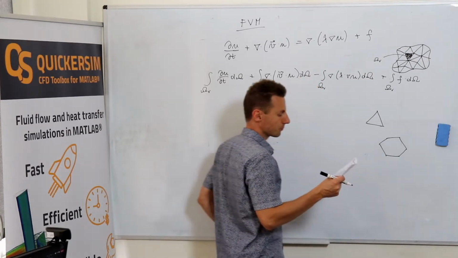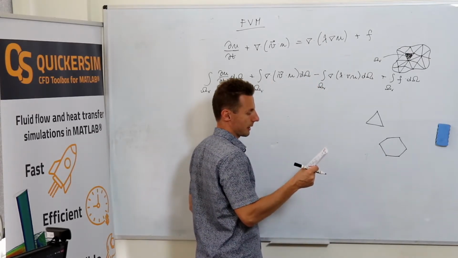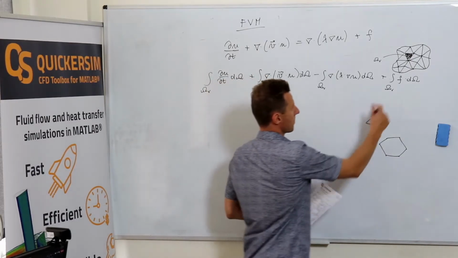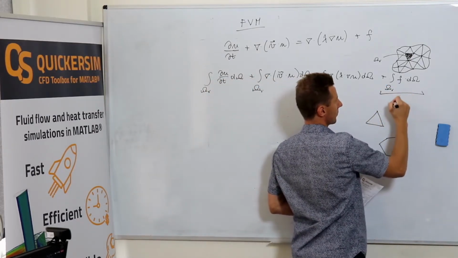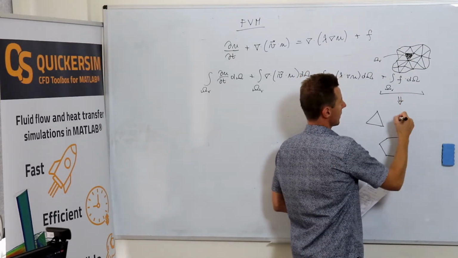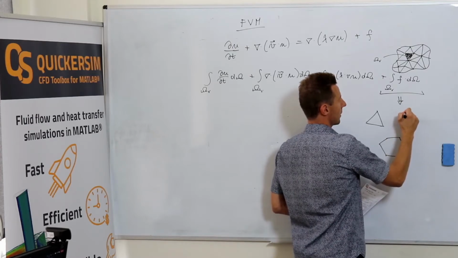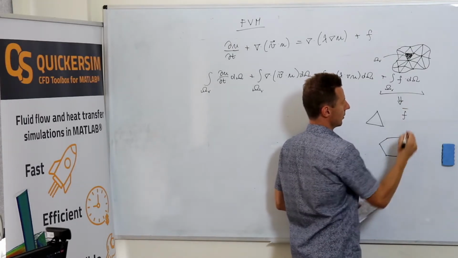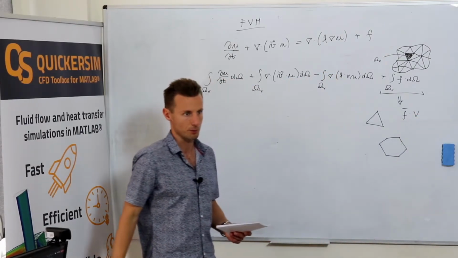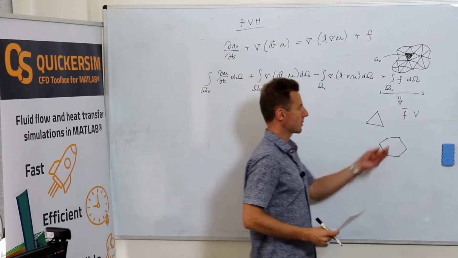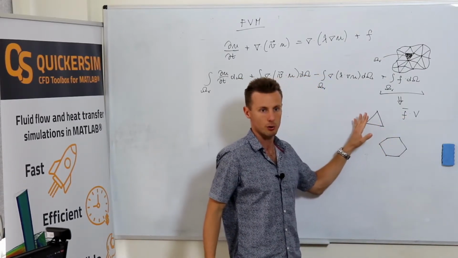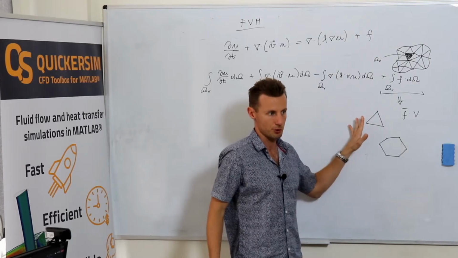This is based on the mean value theorem, that we can represent it by some average value times the volume of one finite volume. So to say, finite volumes assume that across the whole finite volume you've got just one value.